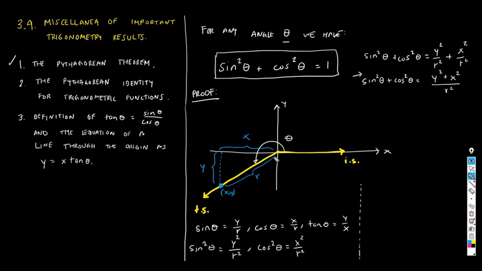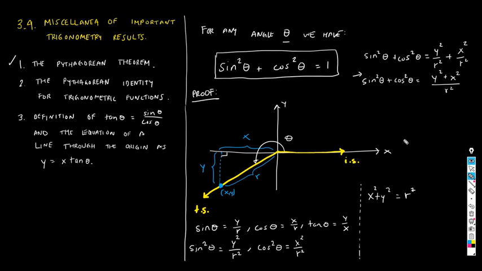It's just the application of the Pythagorean theorem to this triangle in here. Remember, this is a right triangle, catheti x and y, and hypotenuse r. So according to the Pythagorean theorem, I should have that x squared plus y squared is equal to r squared. You see?